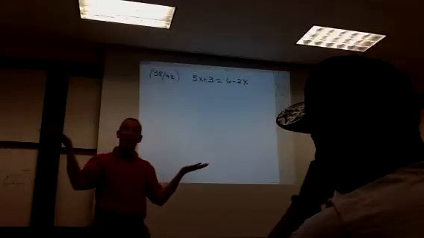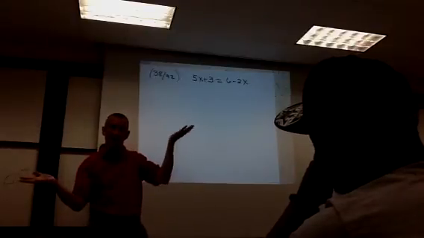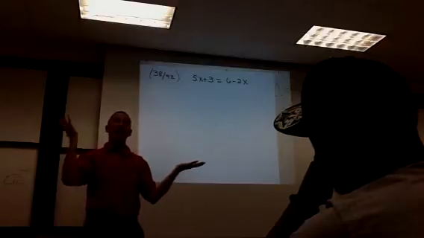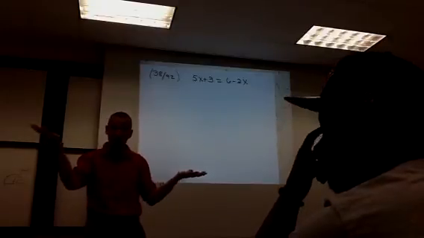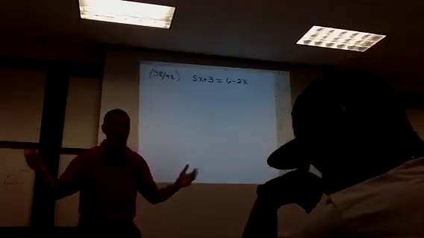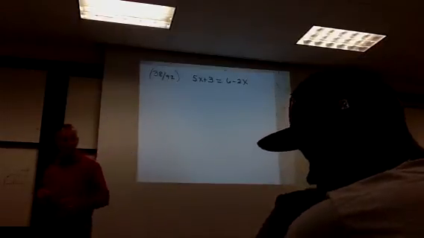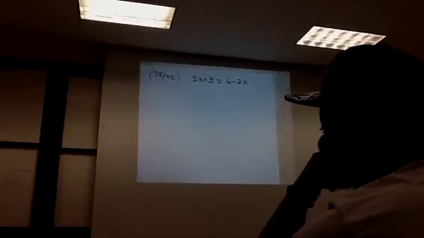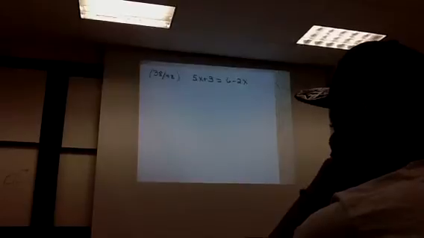If you put 5 pounds over here, you have to put 5 pounds over here. If you take half of this off, you take half of this off. So whatever you do to one side, you do to the other to keep it a balanced equation. We're going to keep that in mind.